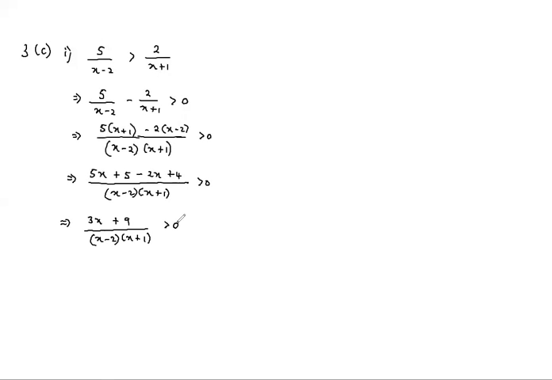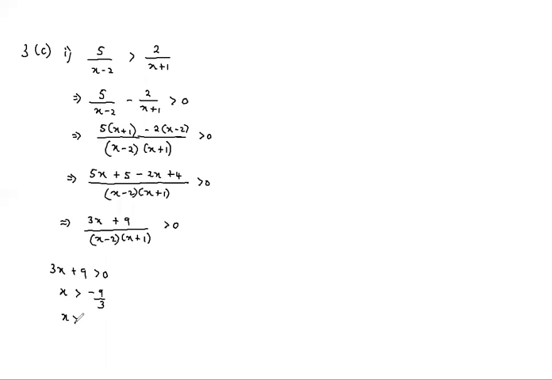Now somewhere in the marking key, I saw something that was a bit funny, where they just cross multiply, the denominator goes and they remain with 3x plus 9 greater than 0, so that x should be greater than negative 9 over 3.